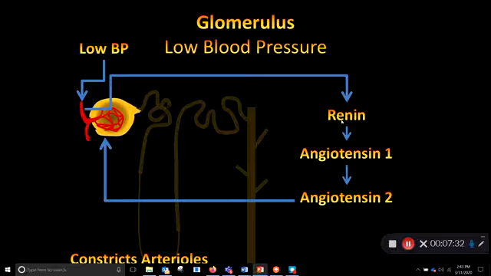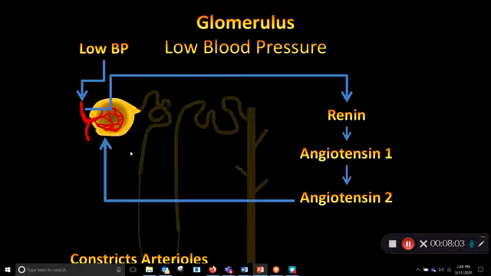Renin will activate angiotensin 1, angiotensin 1 will activate angiotensin 2, and angiotensin 2 is going to come back, hit that glomerulus, and constrict those arterioles. If it constricts, that means less blood flow in, which means even less filtrate going out into the urine. Thus, if you increase or maintain volume, you will not have a blood pressure drop any further.